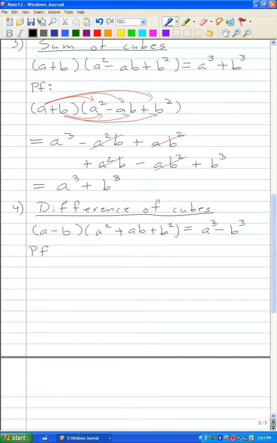So let's show that. So a minus b, a squared plus ab plus b squared.